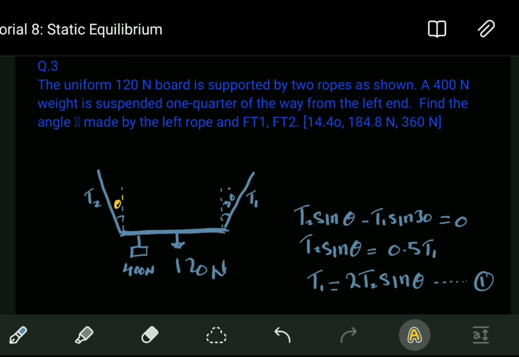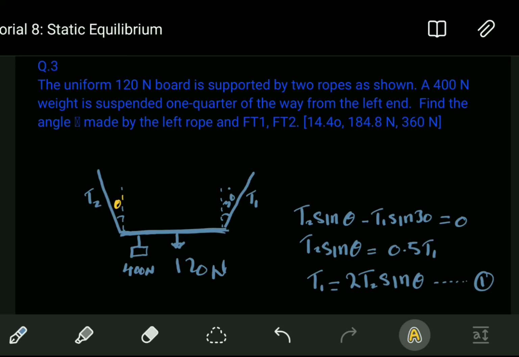So this system, when we look at it, is a board, so we're going to have to consider all the conditions of equilibrium where they're applicable. Let's try to consider the first one. First off, we know that these tensions are also making angle theta, the other one an angle of 30 with respect to the y.